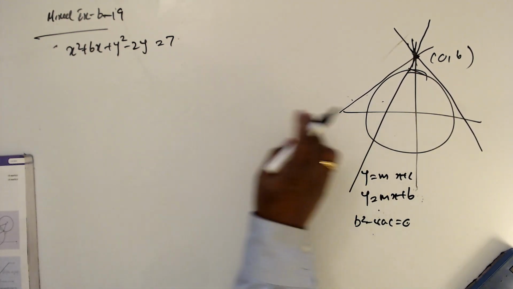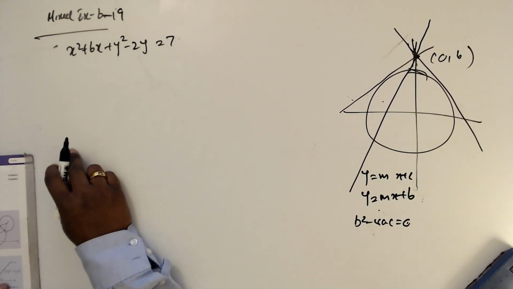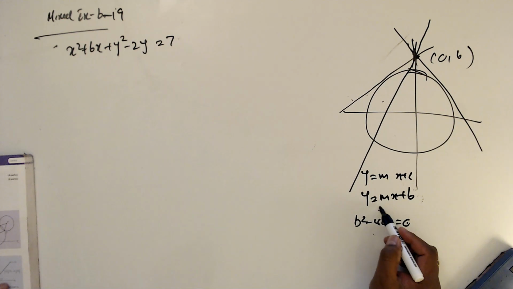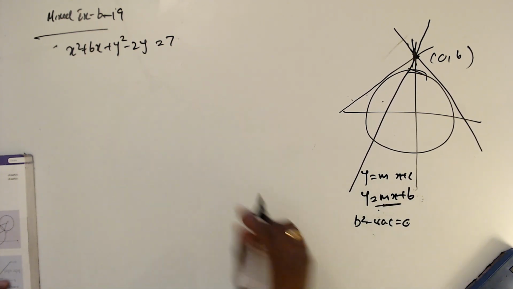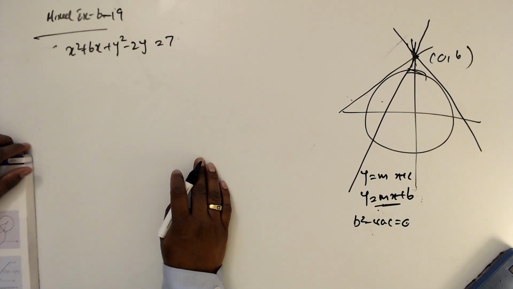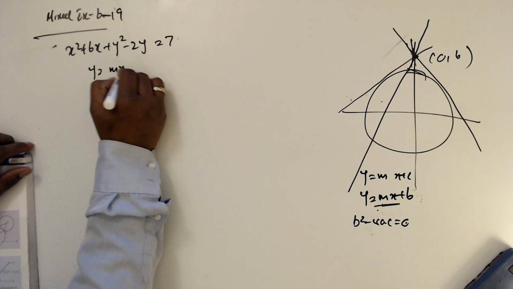Then we will get two gradients. One is going to be this one, another one is this one, because we don't know m here. We have done this kind of sum earlier, so we'll work it out. So this one and y equals mx plus 6.